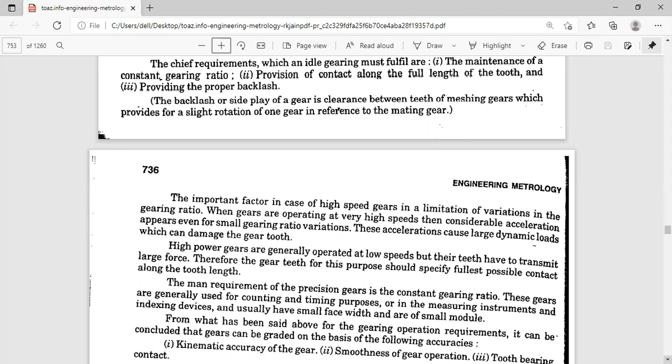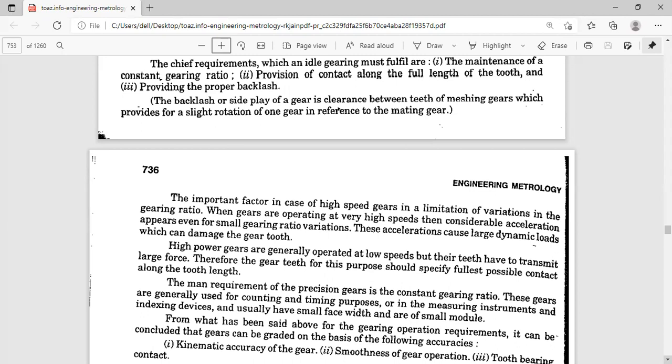Where the load will be there on the gear, where will it be transmitting the larger force? Along the line of action. Because there will be viva questions like this in the metrology lab. So the gear tooth for this purpose should have the full possible contact along the tooth length. That's very important as far as the high power gears are concerned.